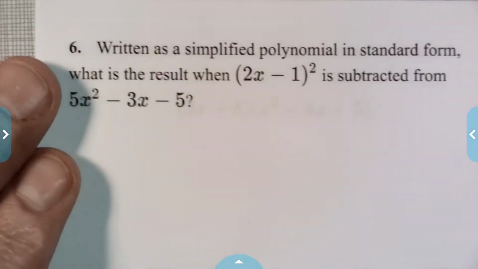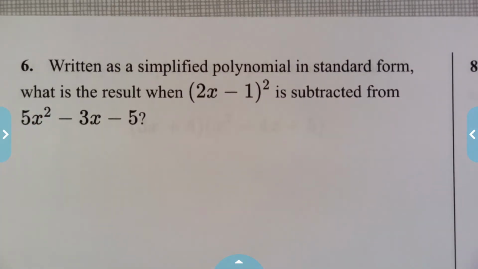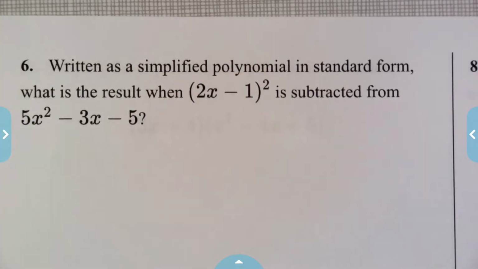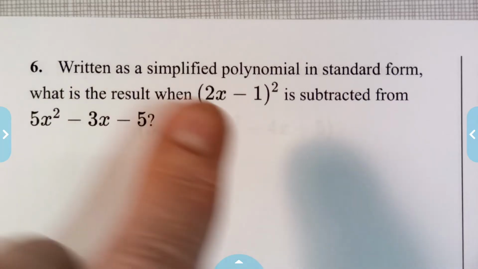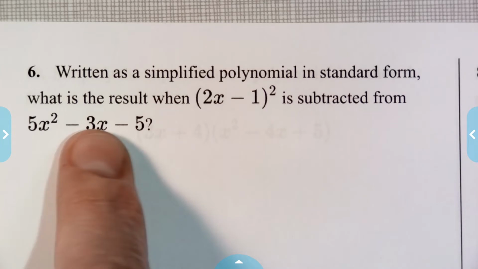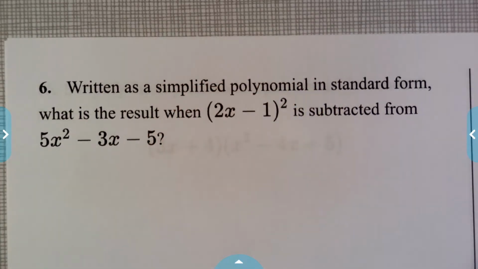And let's look at number 6. Written as a simplified polynomial in standard form, what is the result when blah, blah, blah is subtracted from? So that means we write this down, and then we expand this binomial, and we take this, put it on top, and subtract this from that, okay?